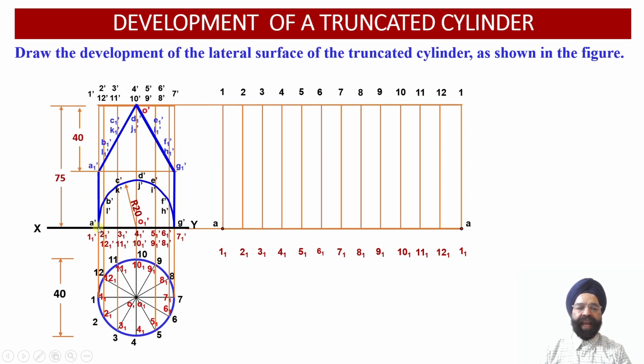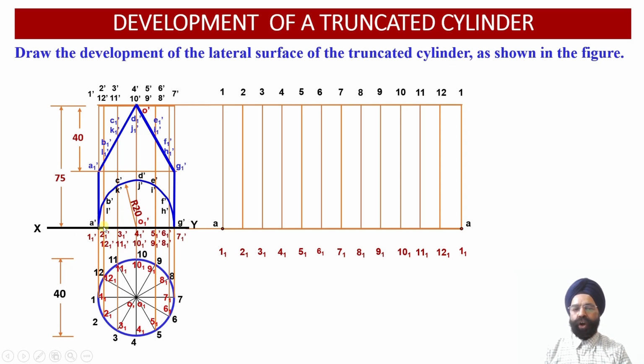So point A dash happens to lie on the vertical generator 1 dash, 1 1 dash, and point G dash happens to lie again on the vertical generator 7 dash, 7 1 dash over here.